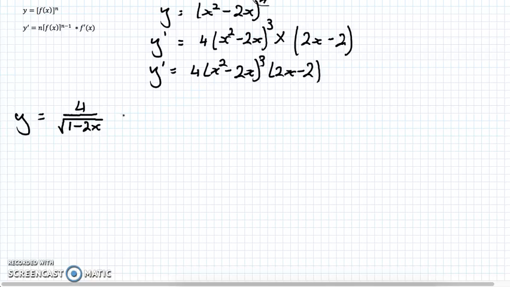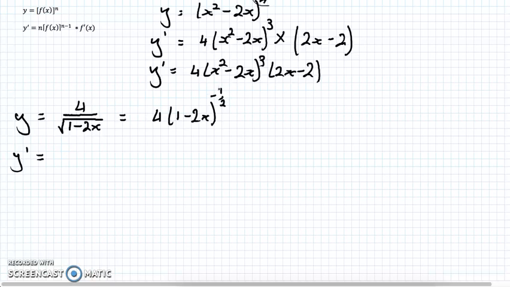So this really is the same as 4 times 1 minus 2x to the power of minus a half. Now do you see how it's more like a function within a function? So hopefully that makes a bit more sense. So let's work out the derivative of it. Y dash. Now, again, work out the function bit first.